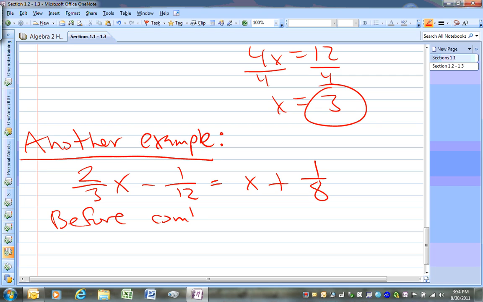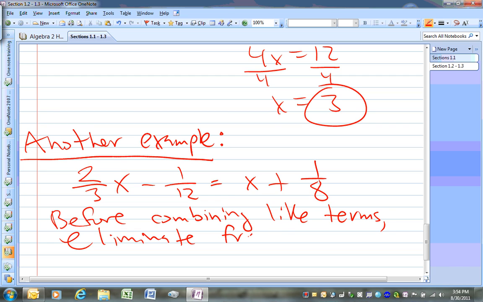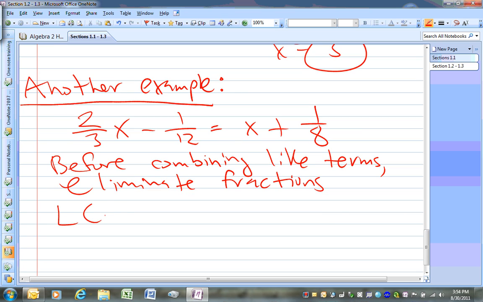Before combining like terms, I'm going to write this out so you really know what I'm doing here. Eliminate fractions. I can't stress how important that is. You really, really want to eliminate fractions. LCD is going to be 24, the least common denominator.